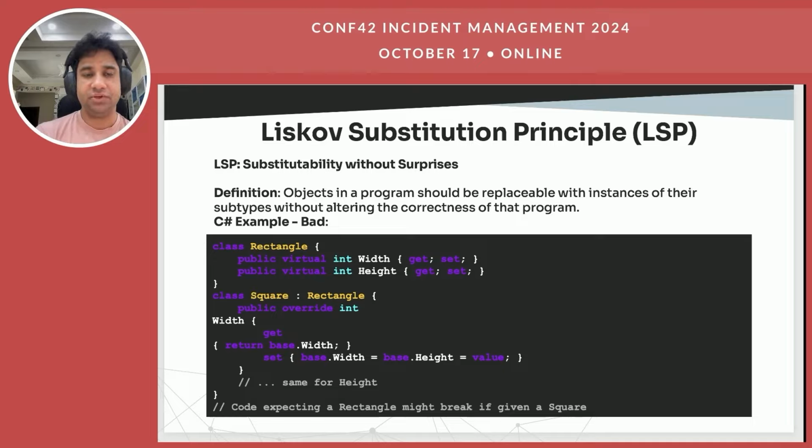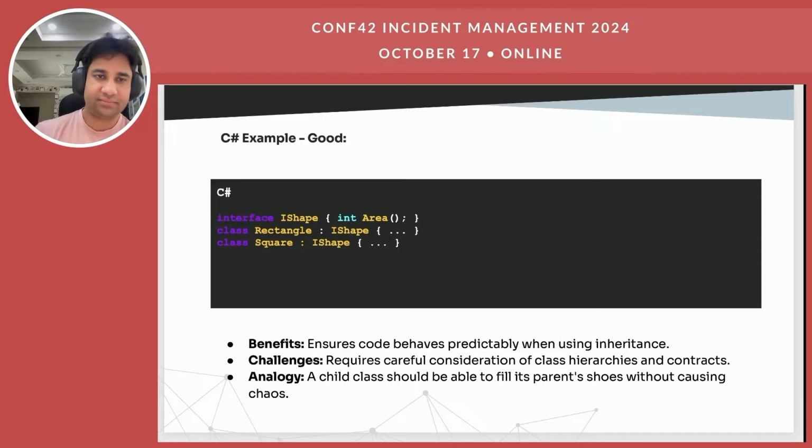A better idea would be to not force a square to be a rectangle, but rather keep them under shapes, because both of them are shapes, essentially. And calculation of area and internal dimension should belong within those classes themselves. So let's look at how we can correct this example. Let's take an interface IShape, which has a function of area calculation.